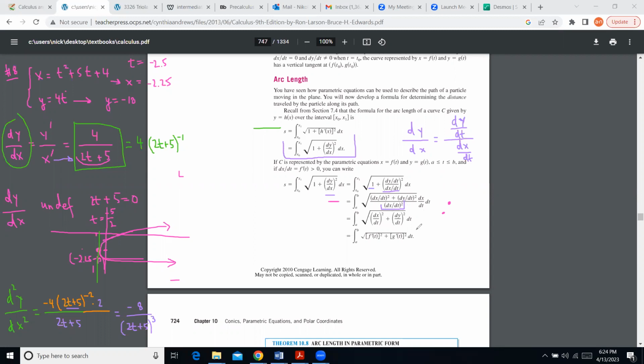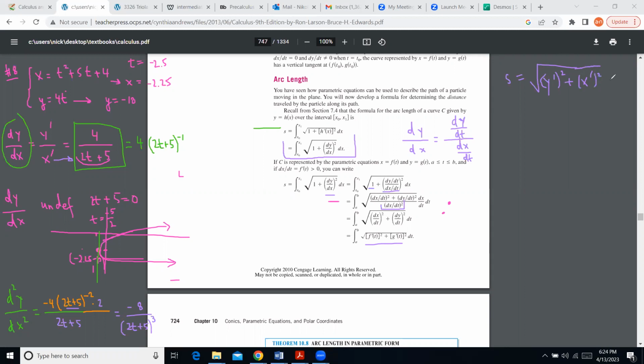And then they end up with this formula, which I like to write as arc length, which is a square root extracted from y prime squared plus x prime squared. Or you could just write this as those functions x prime squared. I think it's more compact, means the same thing, but I guess it's convenient when you use it in the exercises like that.